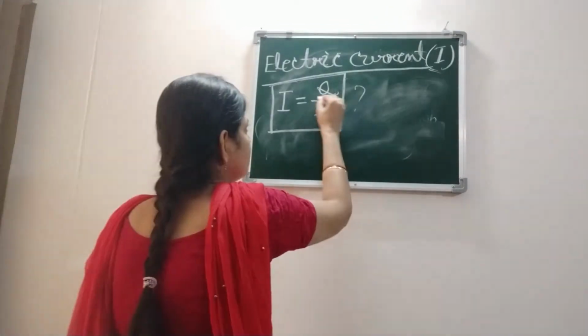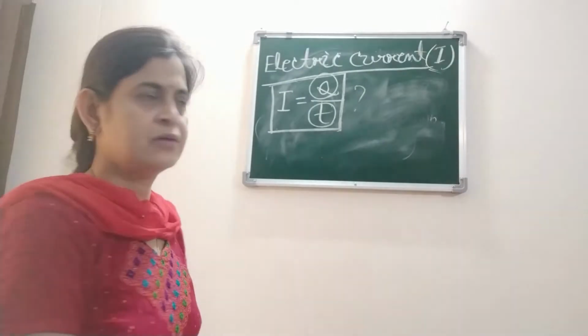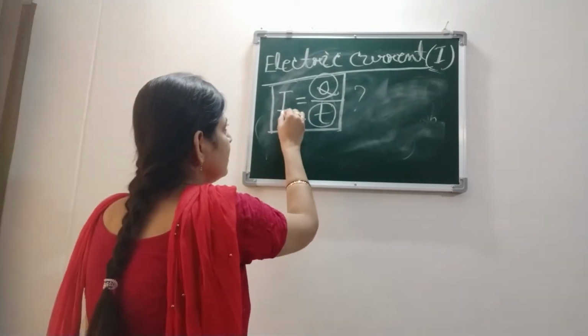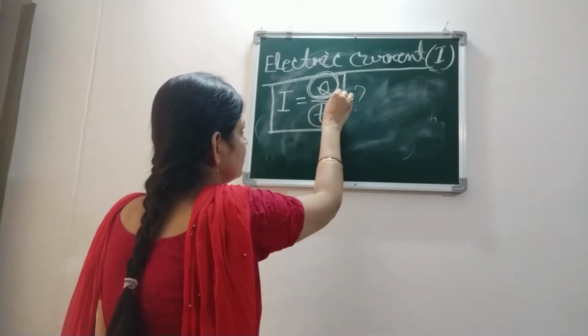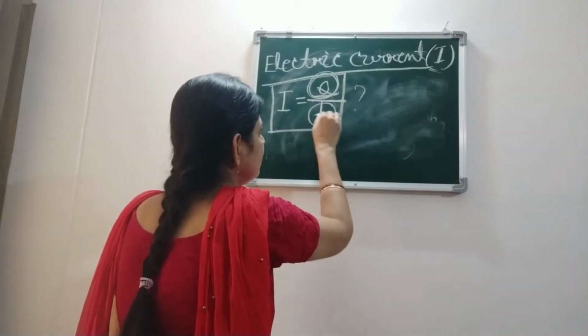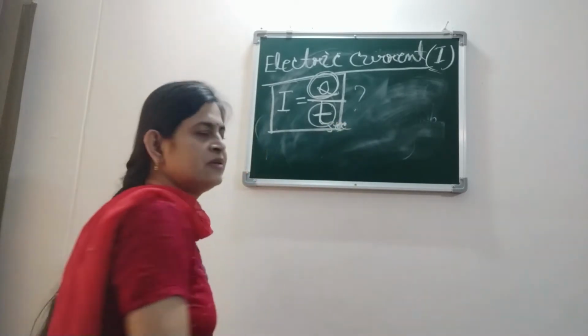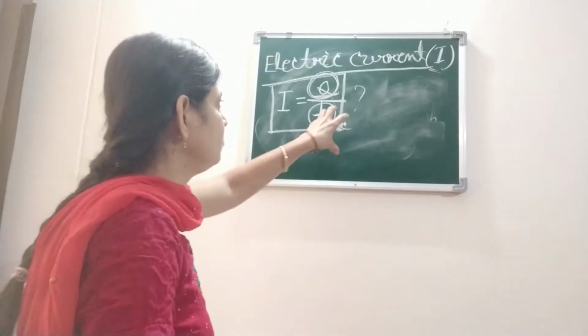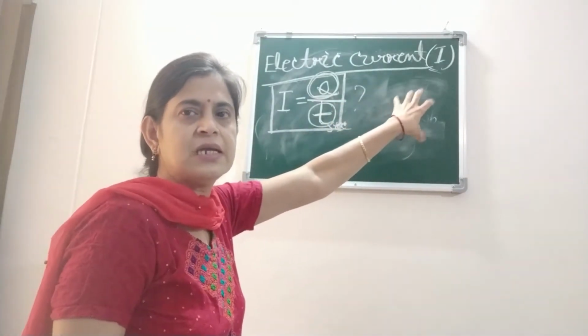Q is the amount of charge and T is the time period. So, electric current is defined as the amount of flow of charge in T seconds. T seconds means maybe time period is 1 second, 2 seconds, 3 seconds, 4 seconds and so on.